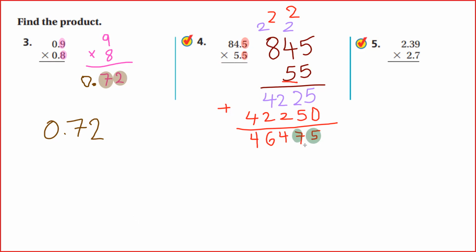Is it right, Jilan? Here we have 1 and here you have 1. So 2 digits. Add them, you have 2. So then here you have to put the decimal point. So how will the answer be? 464.75.